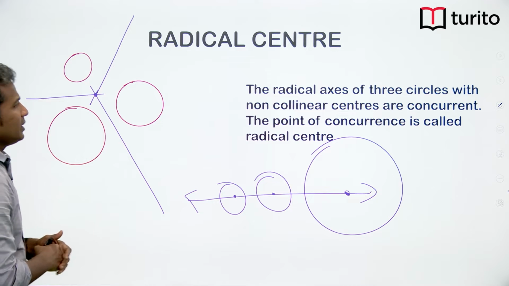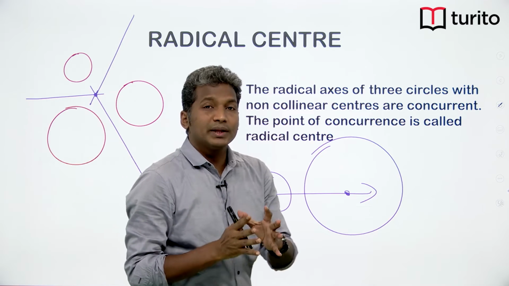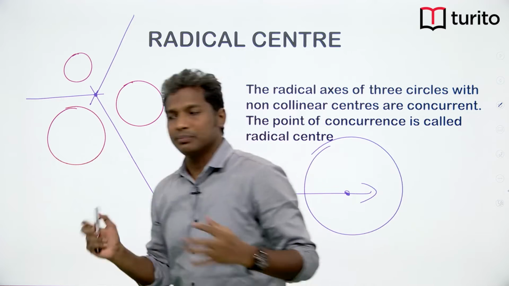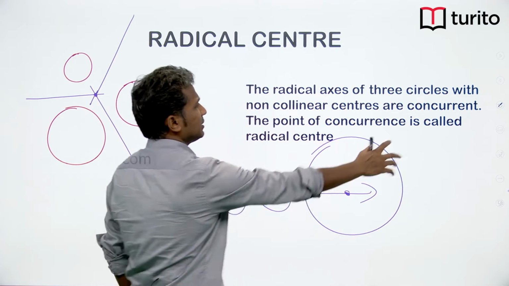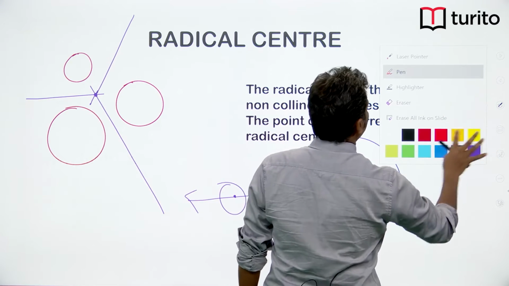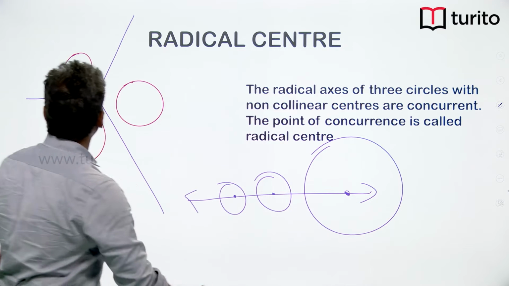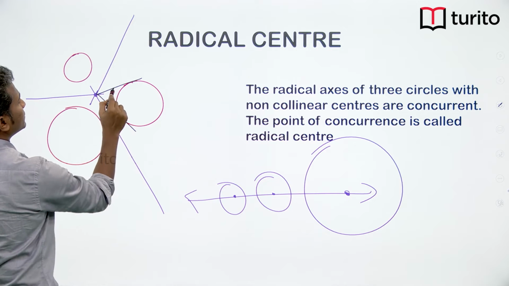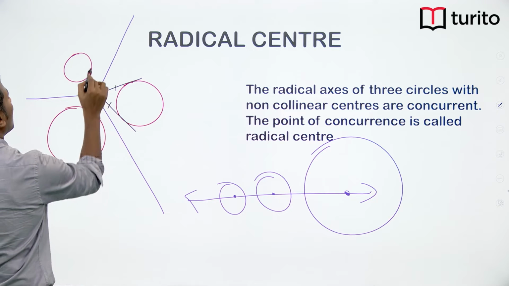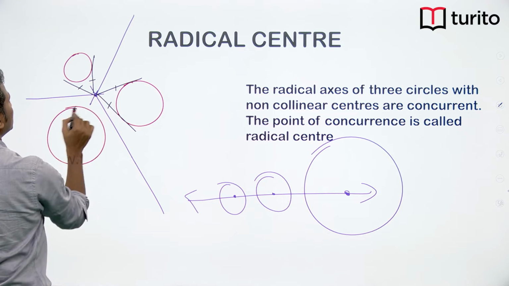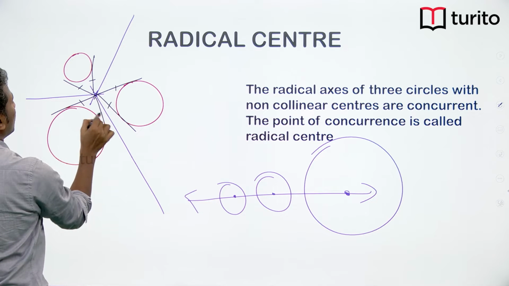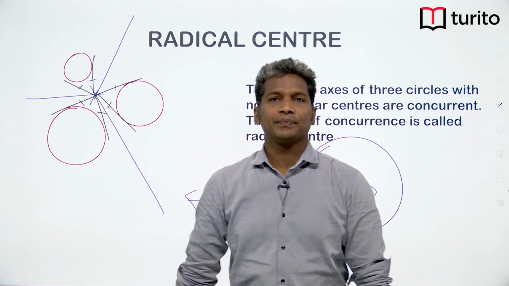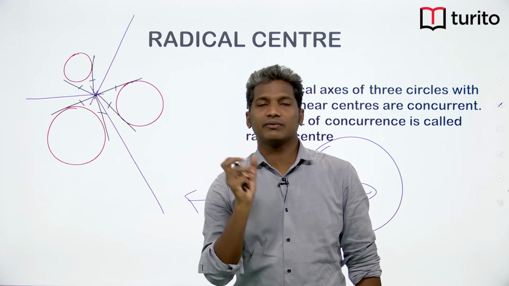Now, also if you apply the concept of the orthogonal circle on this, what happens? So, let me take a different color now, I will take black. Now, from this radical center, if I draw tangents to one circle and also to the other circle and now to the third circle, all these 6 tangents will have equal lengths.